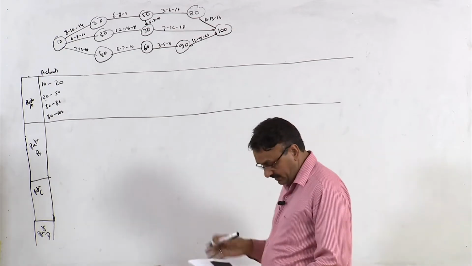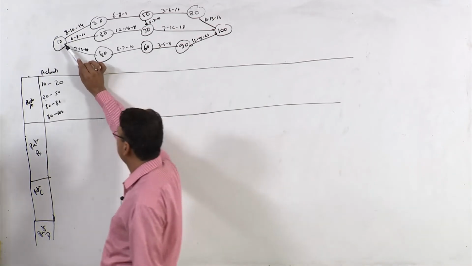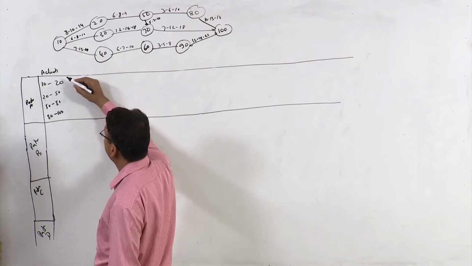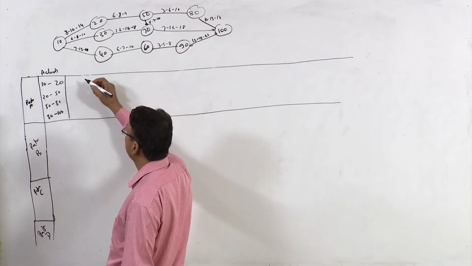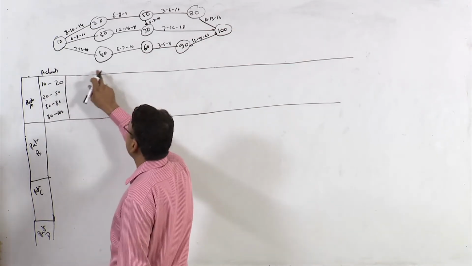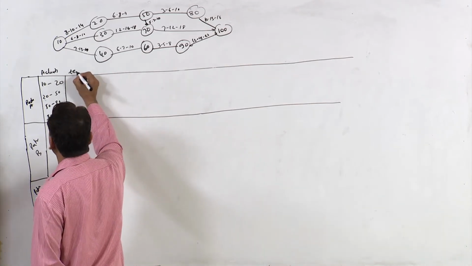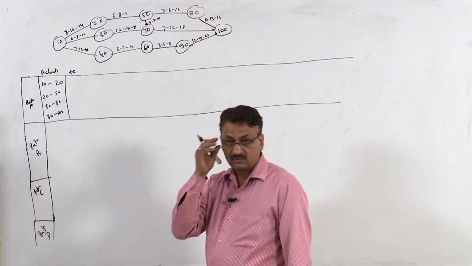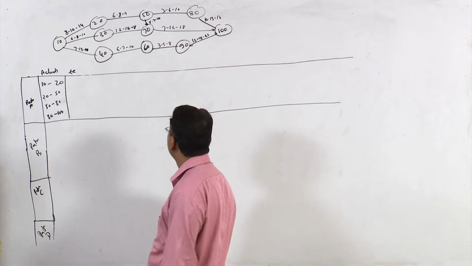Since you know what these values are for each activity, rather than writing all these values again, I am directly writing TE, the expected value. Now how do we find the expected value?